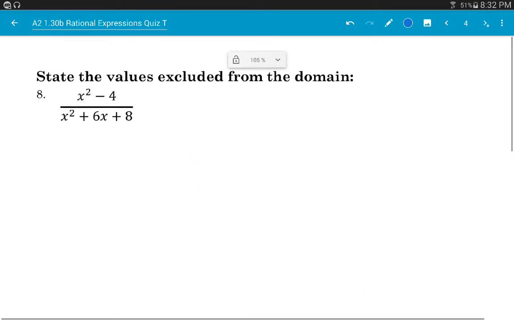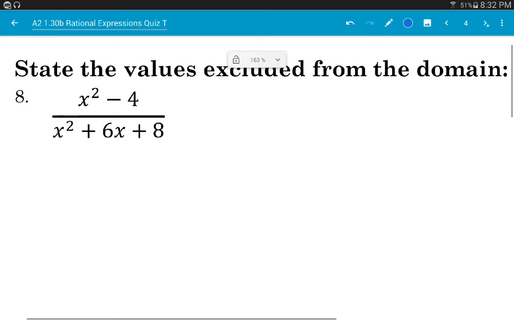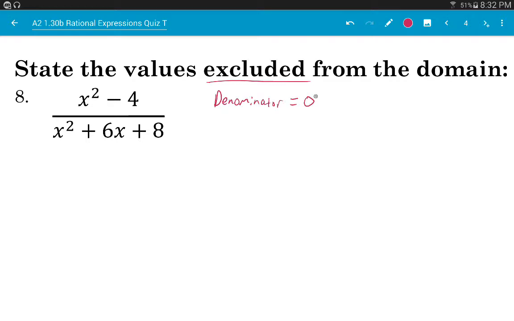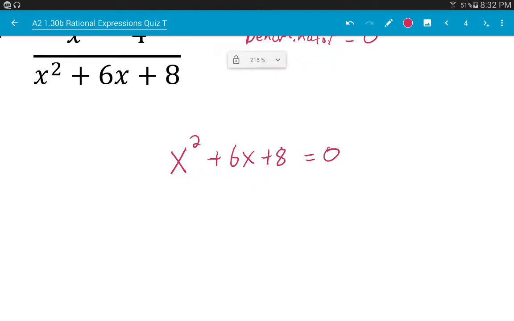Question 8 just says state the excluded values from the domain. The values excluded are the values that make the denominator equal to 0. So let's see, the denominator is this. So what values would make x squared plus 6x plus 8 equal to 0? Well, let's see if we can do a and m. Add to 6, multiply to 8.